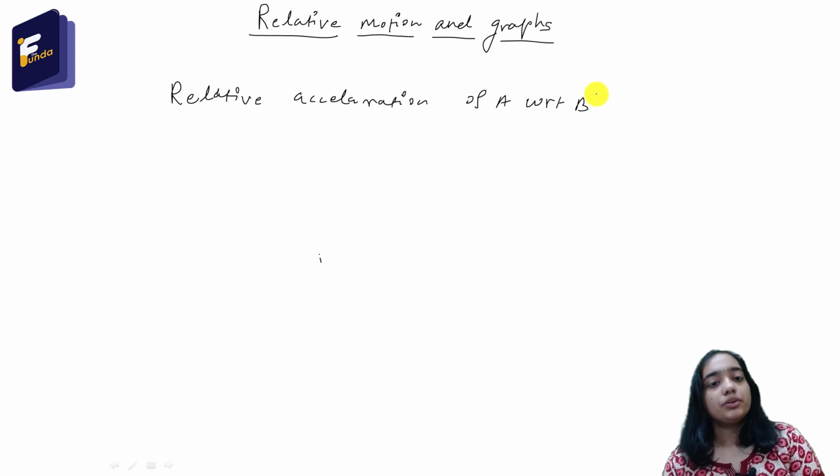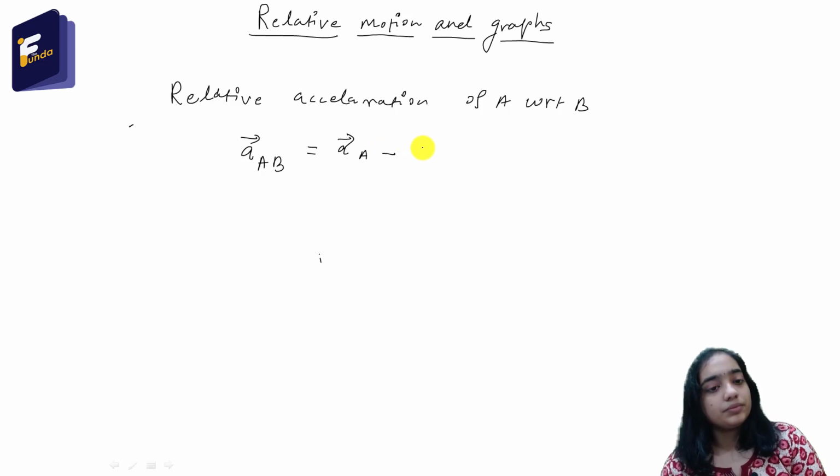The acceleration of A with respect to B is equal to the acceleration of A minus the acceleration of B. So this is the relative acceleration of A with respect to B. This you have to remember.